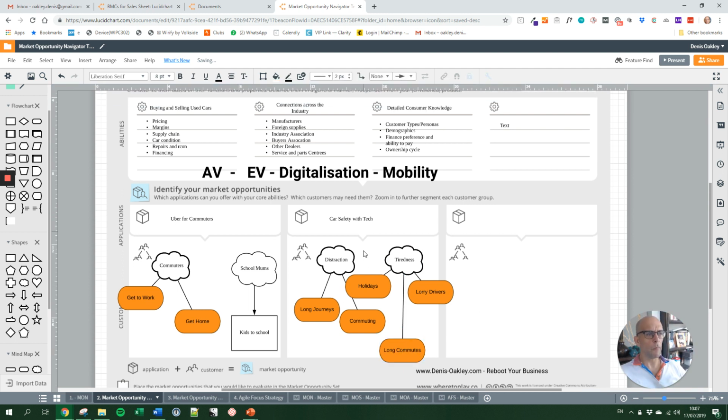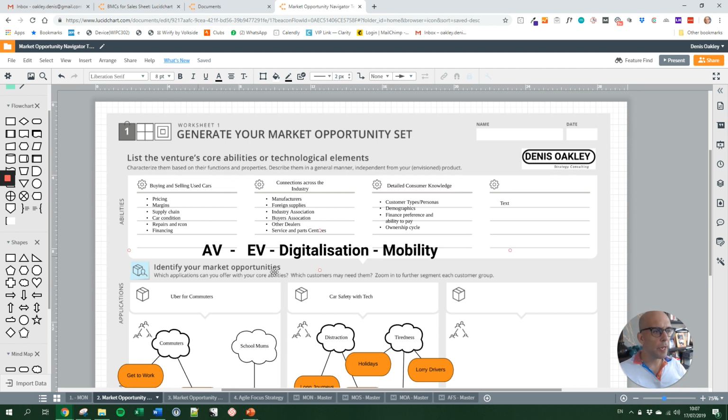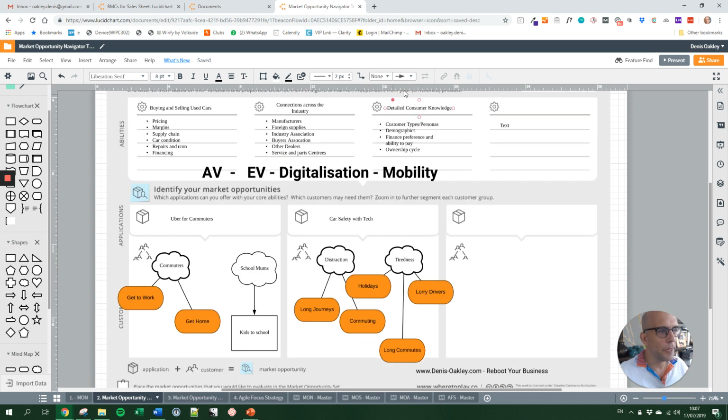So at the end of this, we've gone, in what is it, 5 or 10 minutes, through a process of looking at what are my skills, what do I know about the industry. At the moment, not a lot of this is explicitly down into my market opportunities, but it's clear that I've got a lot of information here that's influencing what I think I can do.